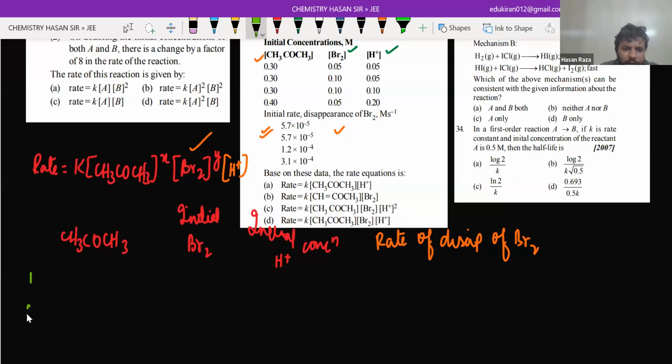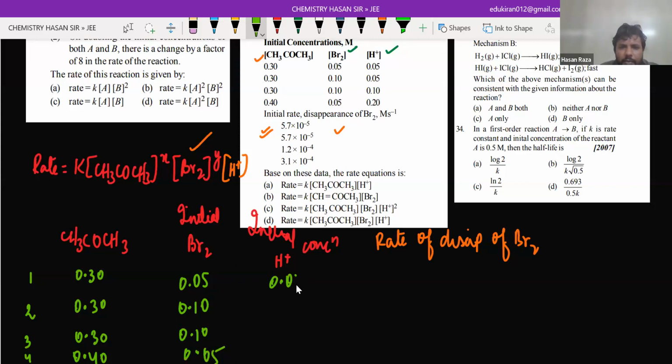We did the same question in the last class. It is a big calculation, but there is 0.30 given, 0.30, 0.30, and then 0.40. After that, concentration of Br2 0.05, 0.10, 0.10, 0.05.